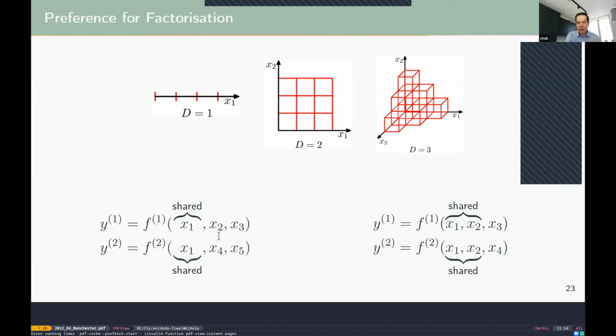They each have 2 that are private. However, if I would be able to somehow rearrange x1, x2, x4, x5, and x3 and find some more stuff that's shared here, such that I can have 2 shared dimensions and only 1 private each, in that case, I only end up with 4 latent dimensions.